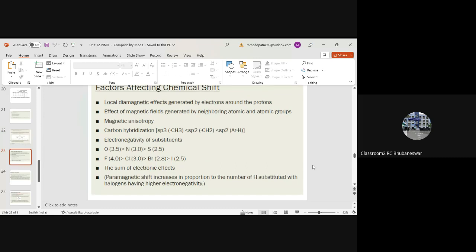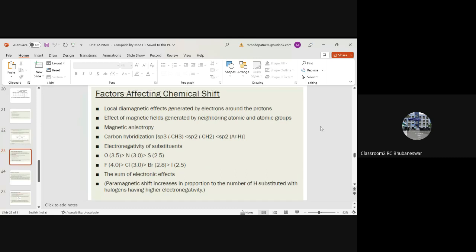But if a question comes on the factors affecting chemical shift, you must write in points: local diamagnetic effects generated by the electrons around the protons, and the effect of magnetic fields generated by neighboring atomic groups will also affect the chemical shift, because chemical shift in NMR spectroscopy has utmost importance.